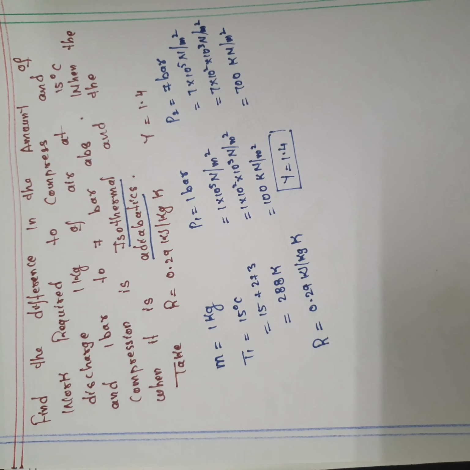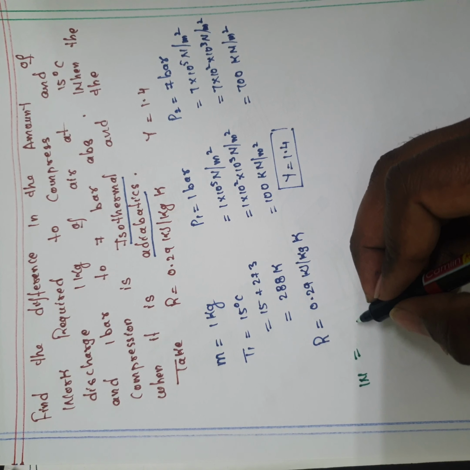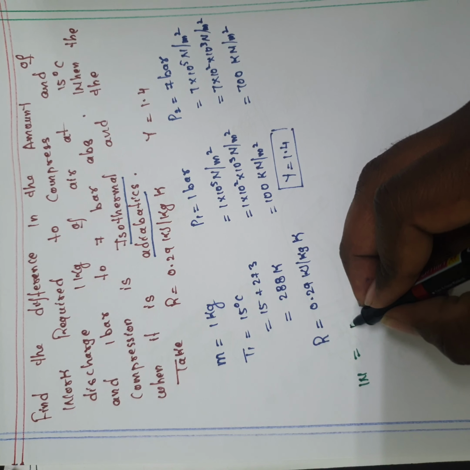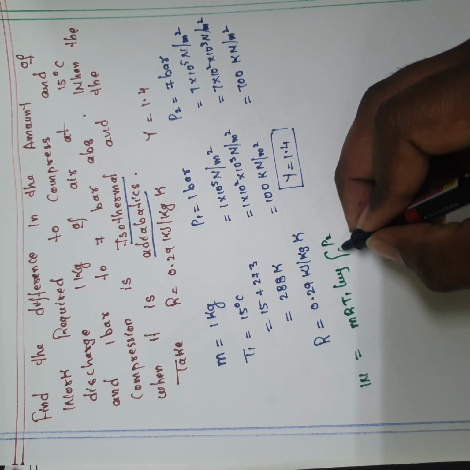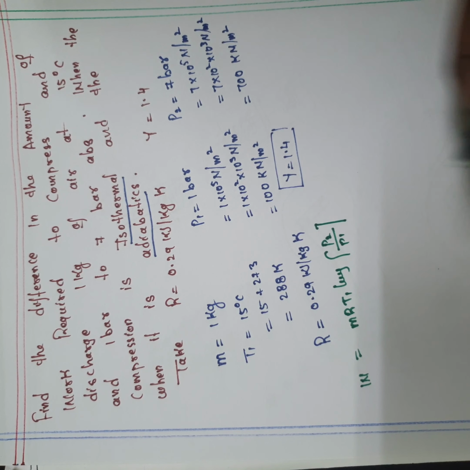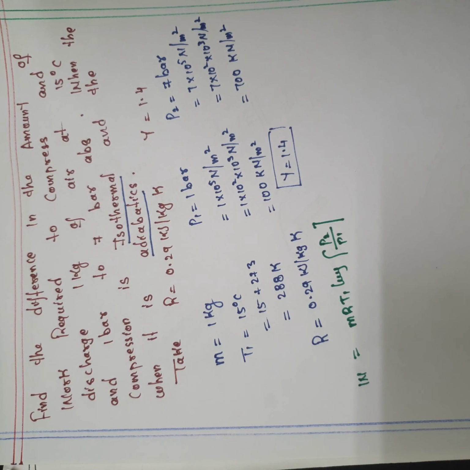First, you have to find the work done for isothermal. The formula is m R T log P2 by P1.